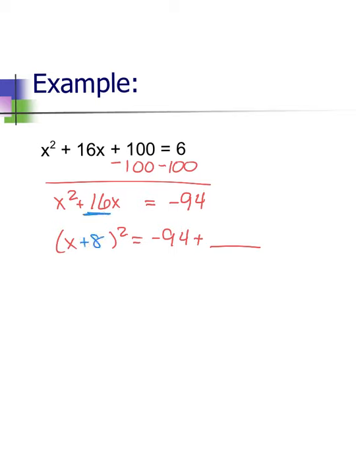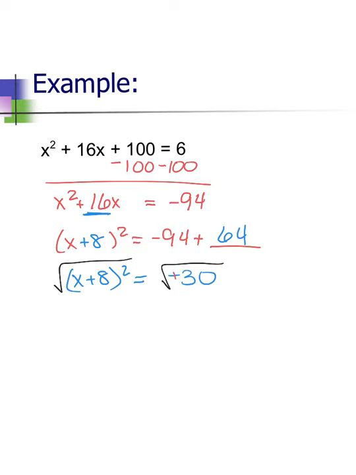I guess they're all 8s in the examples. Sorry about that. Then I'm going to square it. It's going to become 64. Now I have (x + 8)² = negative 30. To get rid of a squared, we square root both sides.